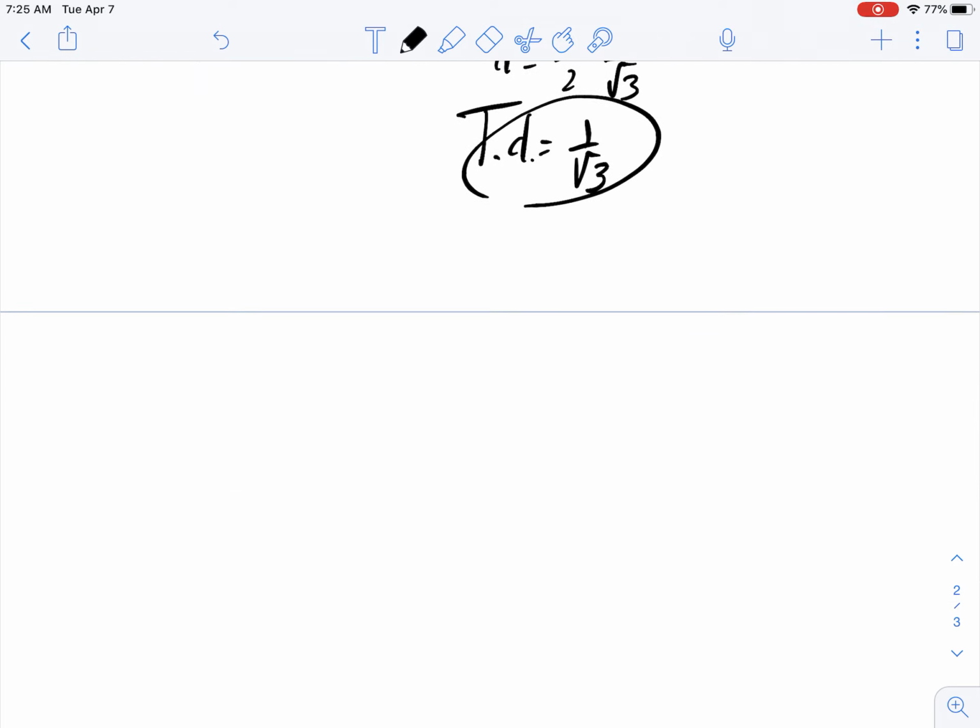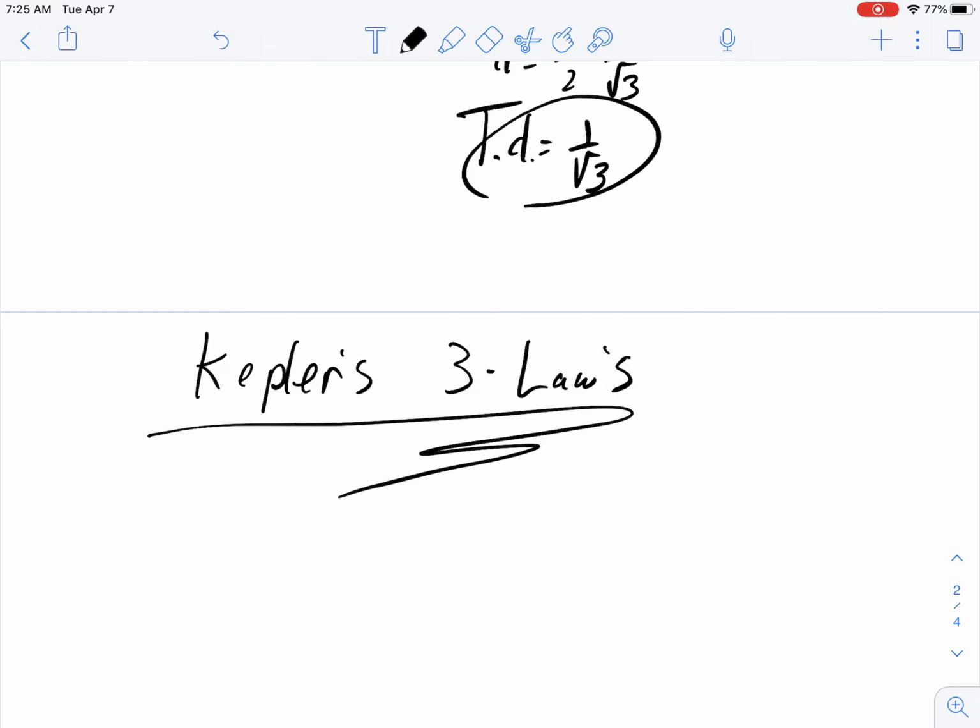If we were in the classroom, I would take the time and go over Kepler's 3 laws. Unfortunately, I just do it kind of for the fun of it, to show you some stuff on how this can carry over. There are some YouTube videos. I would suggest you type in Kepler's 3 laws and watch a couple of them. There are some great YouTube videos of it.